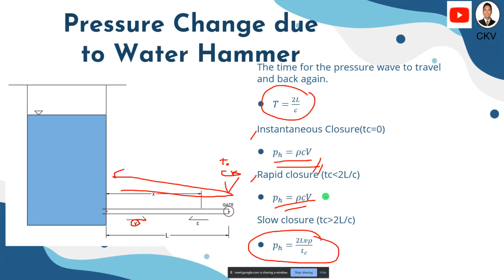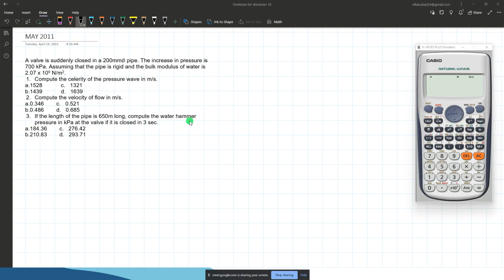So let's now start solving some problems on this topic. This is a past board examination problem, May 2011, CE board. A valve is suddenly closed in a 200 mm diameter pipe. The increase in pressure is 700 kilopascal.